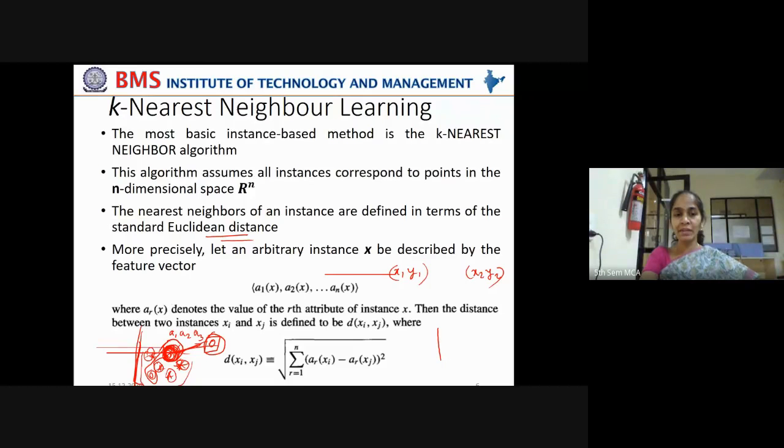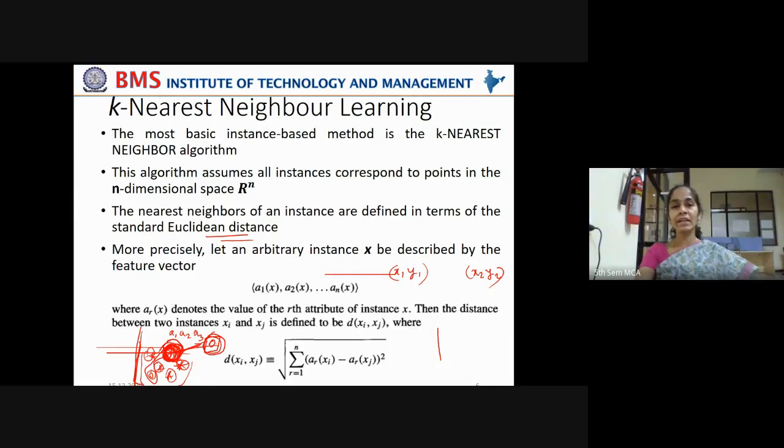We found that the distance between this existing point and this new instance is lesser. So it is assigned to the class to which this particular instance belongs. Okay, this is how k nearest neighbor is executed, right? So the nearest neighbors of an instance are defined in terms of the standard Euclidean distance.